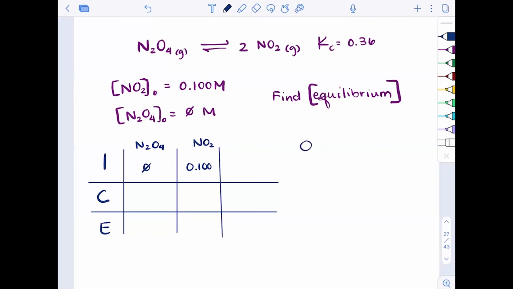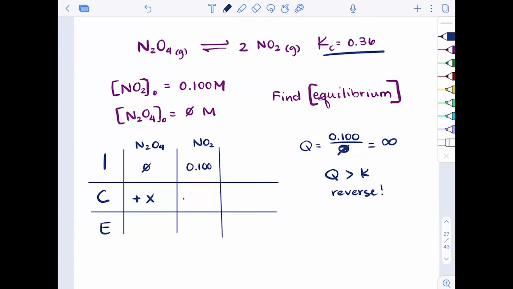We can calculate the Q: 0.100 over 0, which would be infinity. Q is greater than K, the 0.36. So we have the reverse reaction going on. We need to make reactants.